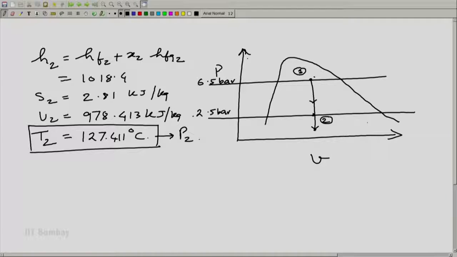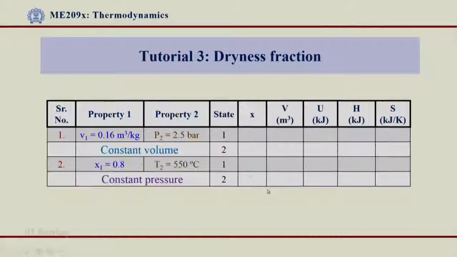This can be shown on a given PV diagram. If I go back to the answer, this is my process: P1 is given, V1 is given here, P2 is given as 2.5 bar, and I can write the other values. The value of x1 was 0.545, the value of x2 is 0.22, which is state 2 here.